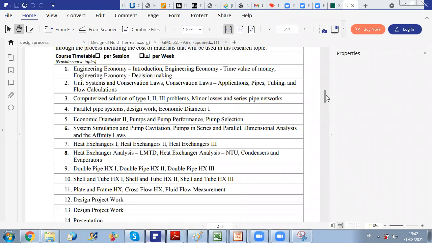And then we will move to engineering economy, we'll introduce it, and we will see what the time value of money is, and how we can make a decision at the end, because whenever you are designing, you will have several alternatives. You don't have one choice at the end. You will end up with many possibilities to solve your problem, and it's up to you to select the better option.